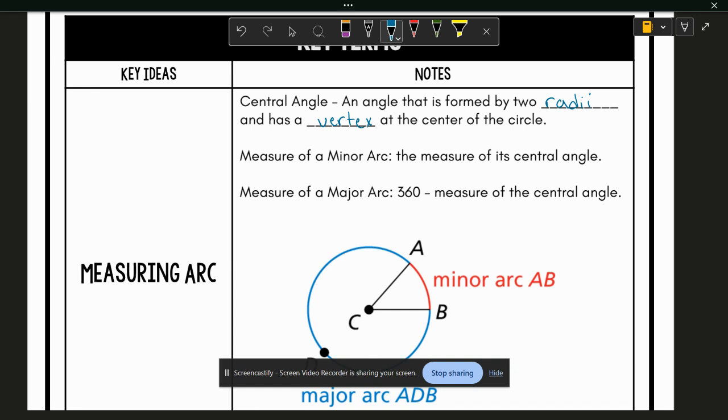The measure of the minor arc is the measure of the central angle. So the central angle will be the minor arc. The measure of the major arc is always going to be 360 minus the measure of the central angle, or the measure essentially of the minor arc.